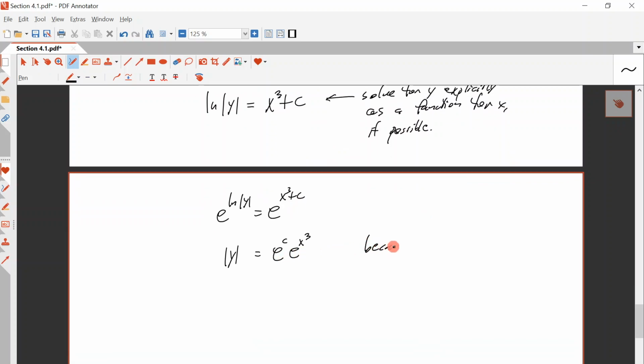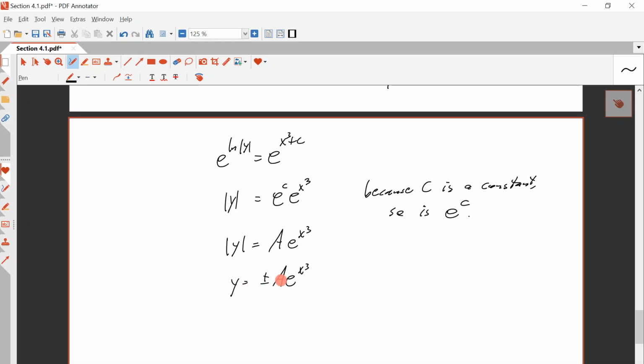Because c is a constant, so is e to the c. So we might as well just call it a, for some constant. And then y in absolute values just means that y is either the positive or negative of that, but a positive or negative arbitrary constant is an arbitrary constant. So that's just b e to the x to the third, where b is an arbitrary constant.